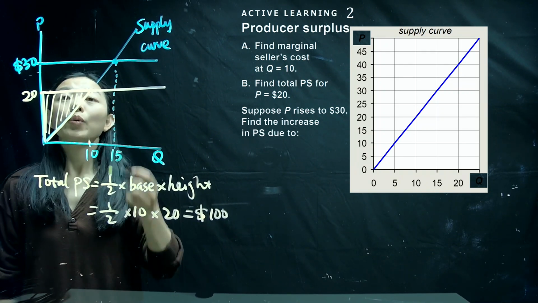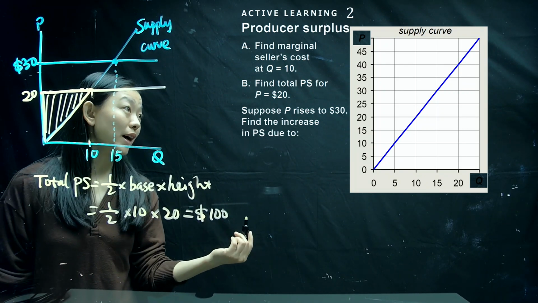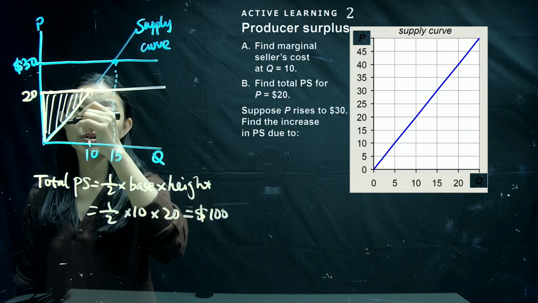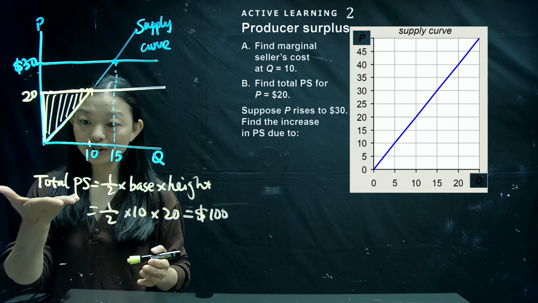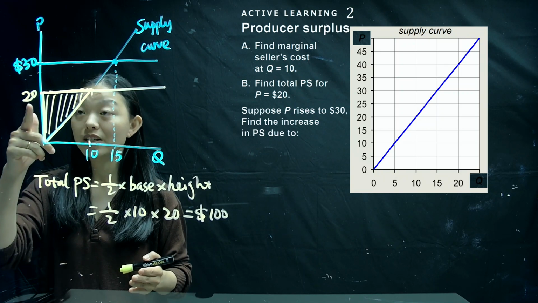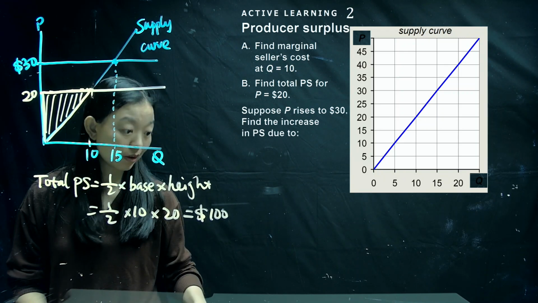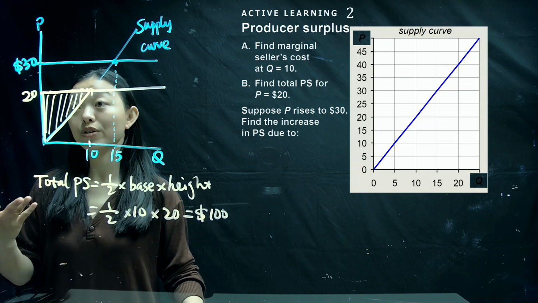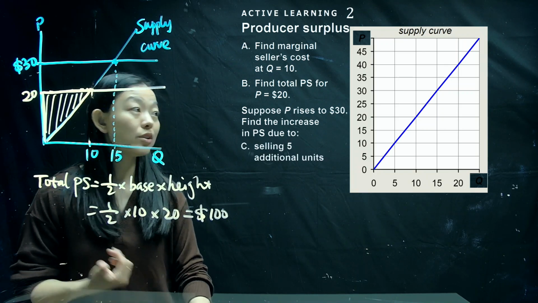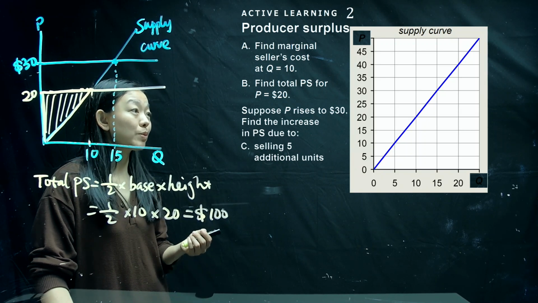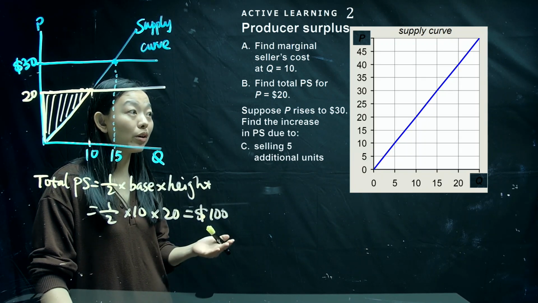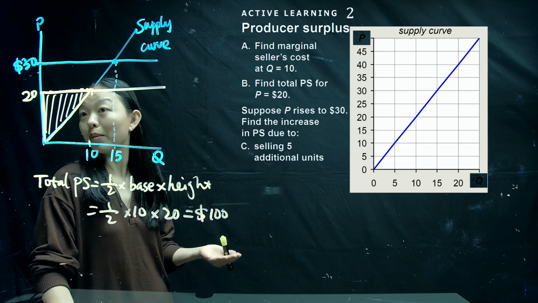So we have the new producer surplus, right? And the new producer surplus will be much higher than the original one when the price equals $20. But we need to figure out the reasons behind why the producer surplus increases. Part of the increase is because more units will be sold in the market.